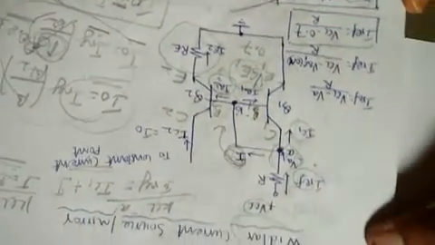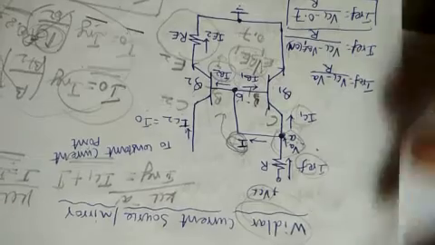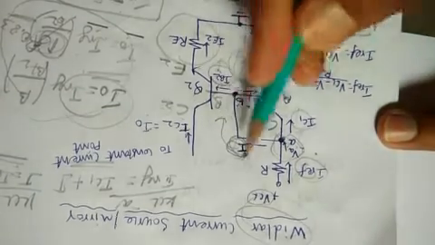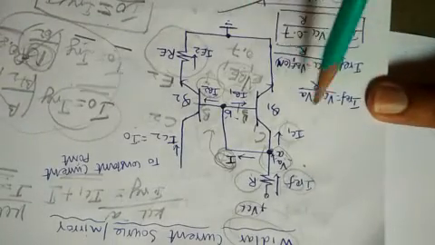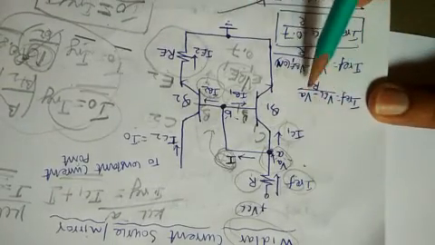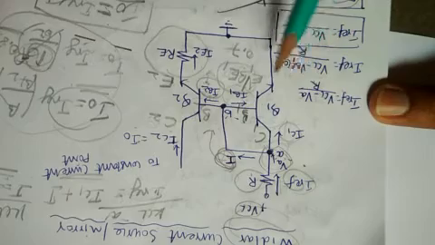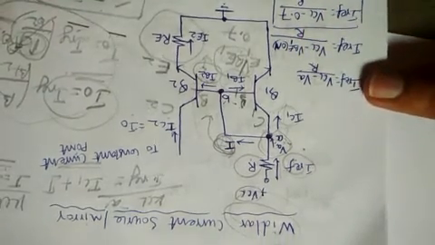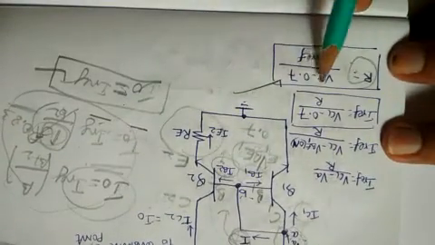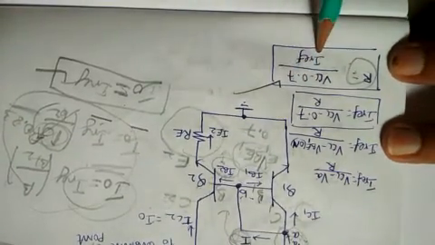And here, to design this Widlar current source, we have already seen how to find R by using the same equation, I reference equal to VCC minus VBE by R, which we discussed in the simple current source topic. Please refer to that one. Finally, R can be found by the VCC minus 0.7 by I reference equation.